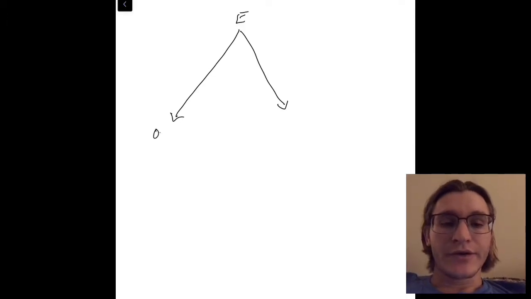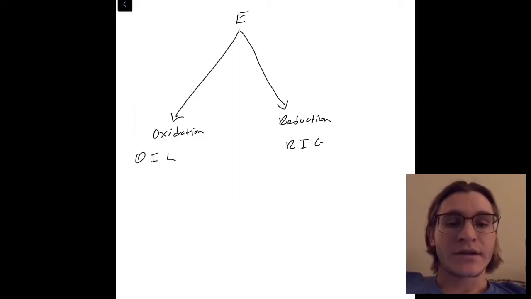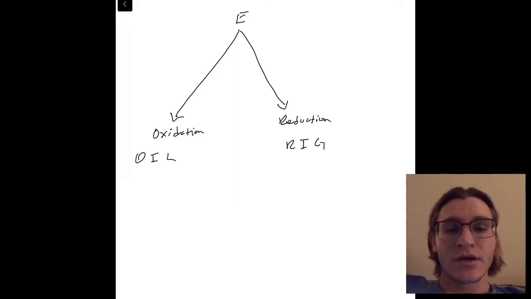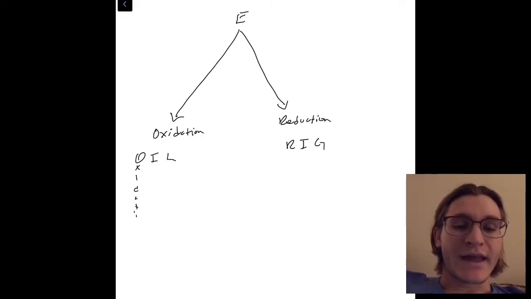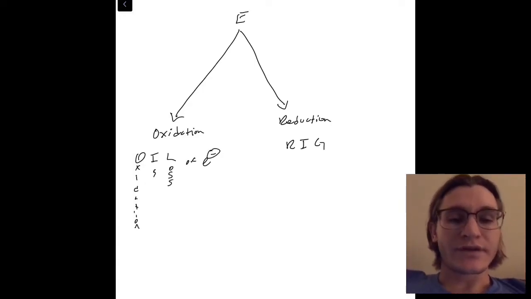Redox potential, you've all probably heard of oxidation and reduction. I like to use OIL RIG. Oil: oxidation is loss of electrons. Rig: reduction is gain of electrons. I know this is a confusing idea, but the best way to think of it is reducing.